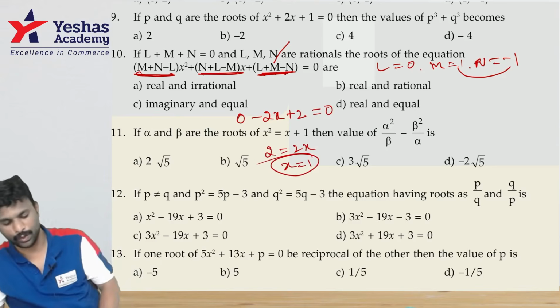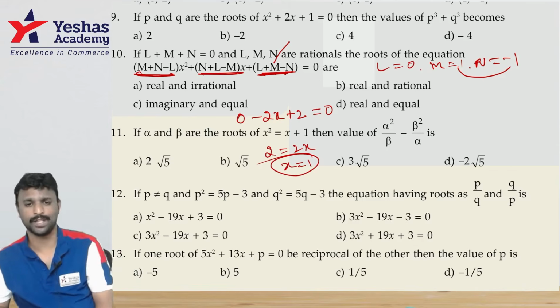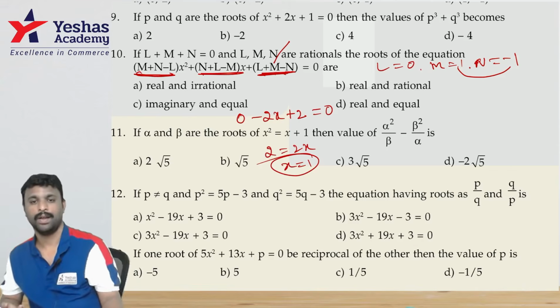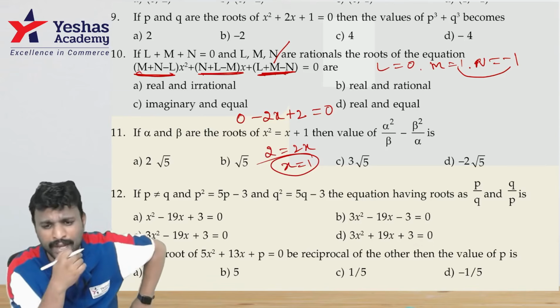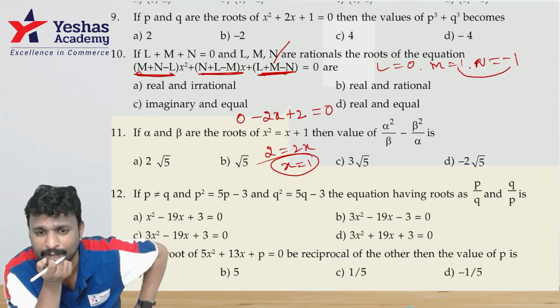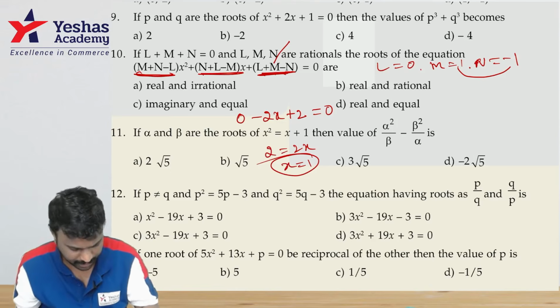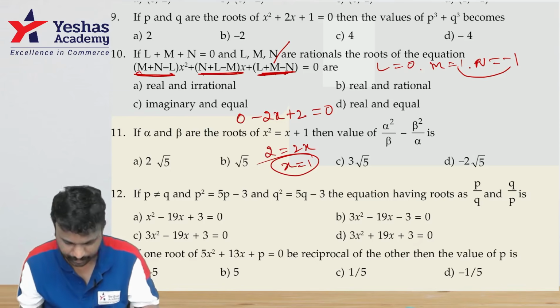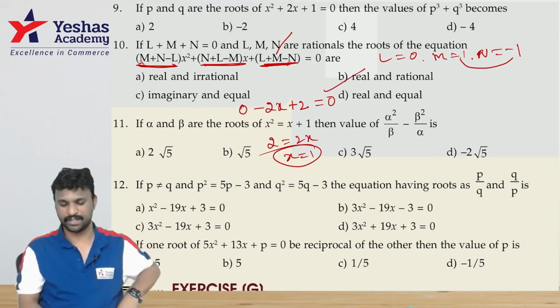So what sort of root is it, guys? It is real, and this root, 1, is basically rational. Yes or no? But are they equal by any chance? Can we justify that?